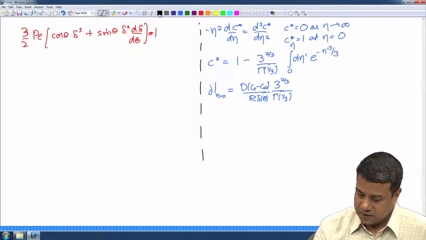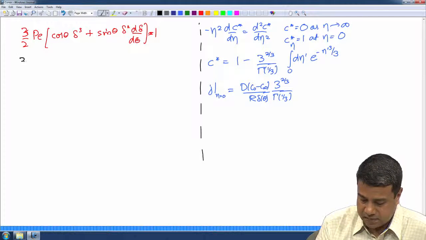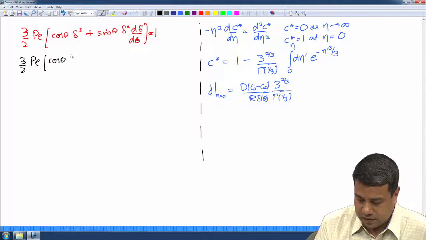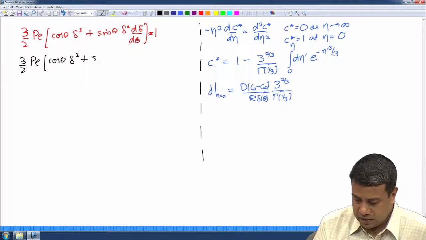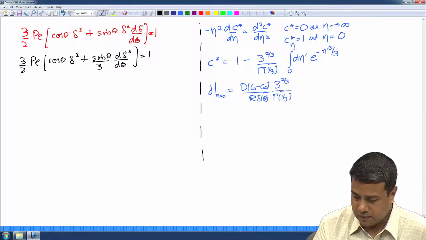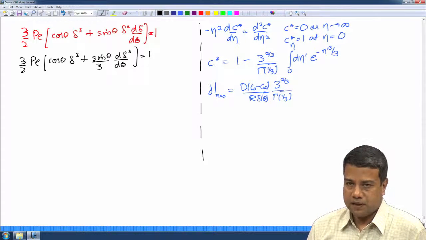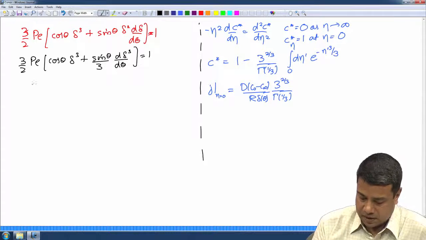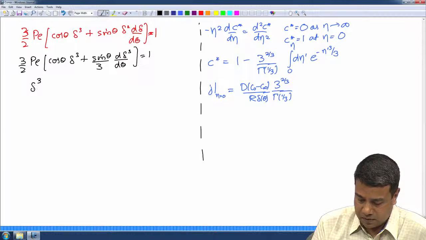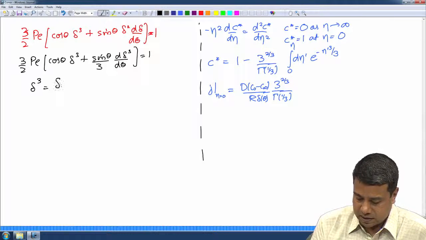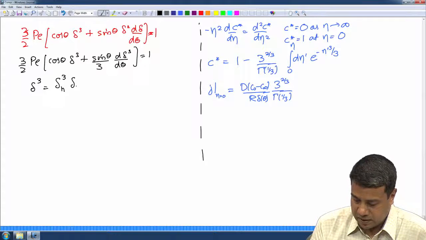The way to solve this, first thing we can simplify this: 3 by 2 Peclet number into cos theta delta cubed plus sin theta by 3 d delta cubed by d theta is equal to 1. This can be solved by integrating factors. I can write this parameter delta cubed as a product of a homogeneous part plus an inhomogeneous part.